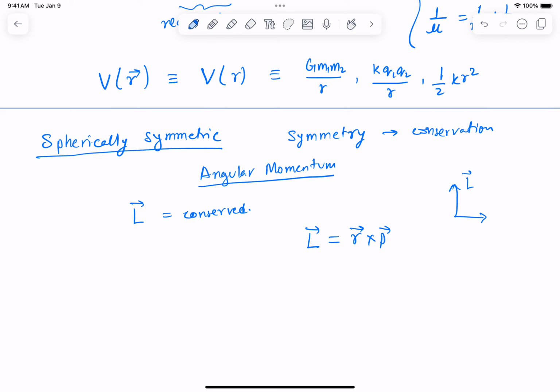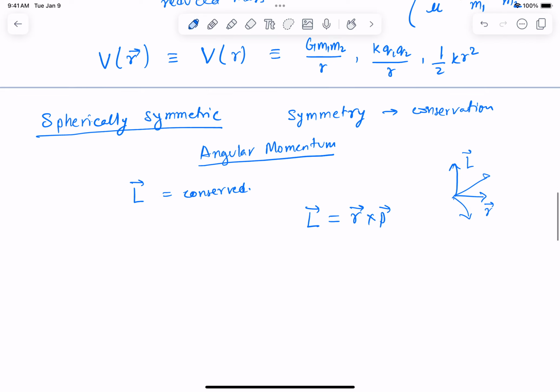And it will always lie in this plane. As the radius vector changes because of the central force, it will always be perpendicular to L.